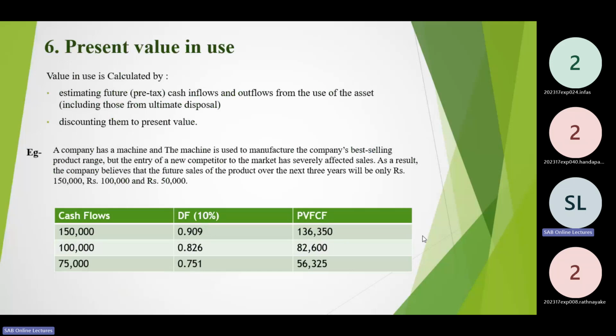We take the total of the present values, and it becomes 275,000. I think you got an idea about the recoverable amount and fair value less cost of sale. So this is the end of my presentation.